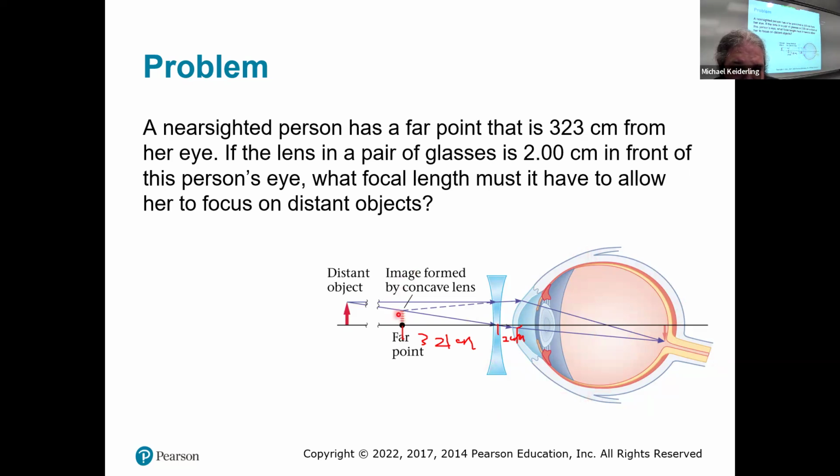So the image formed by the concave lens should be at the far point of the lens. And then the distant object is some very large distance. So I'll give you a minute or so to think about that.